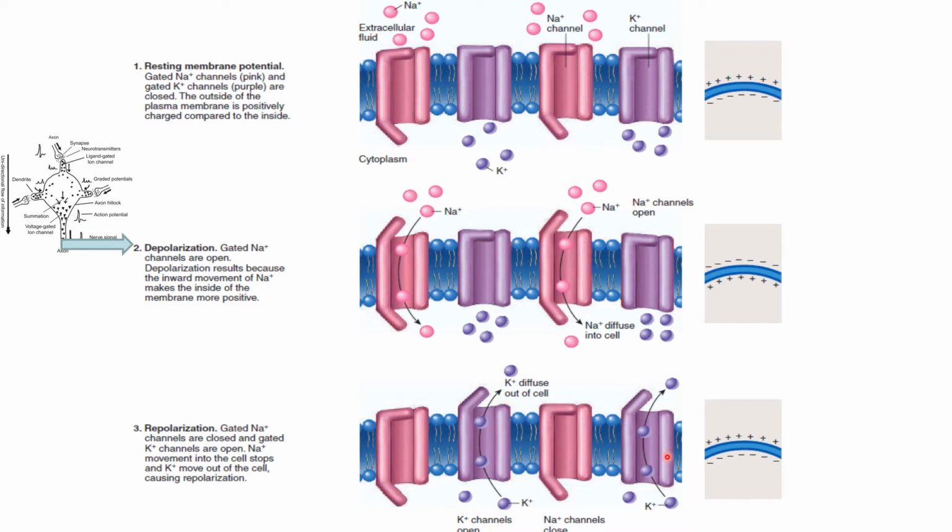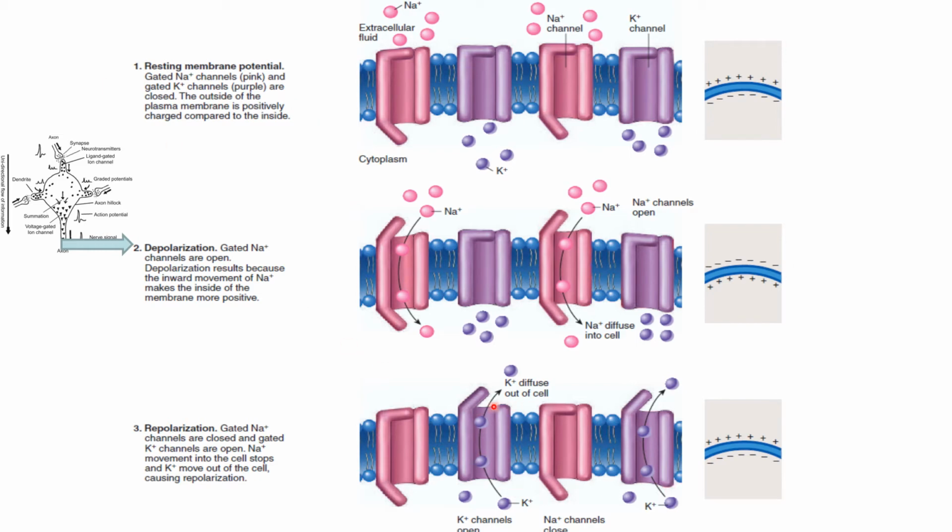Since these are positive charges, an equal number of positive charges to the sodium will leak out, so the inside will become negative again. That is called repolarization. So repolarization occurs due to opening of potassium voltage channels.